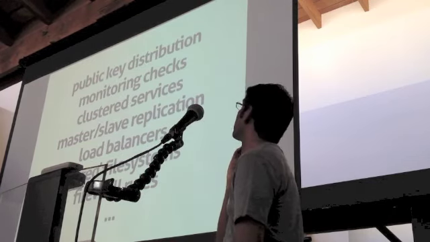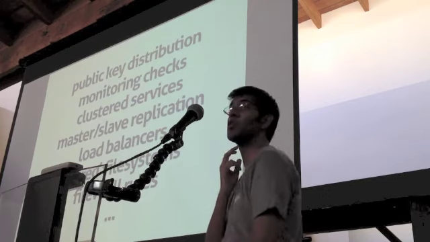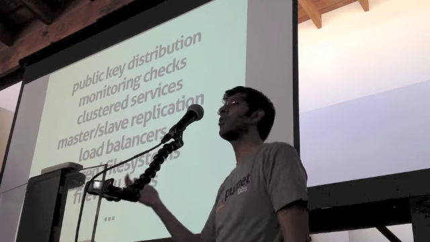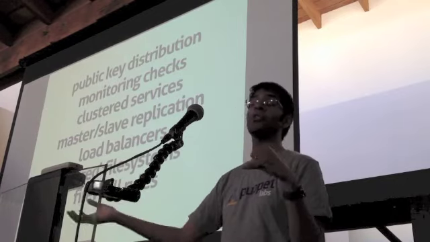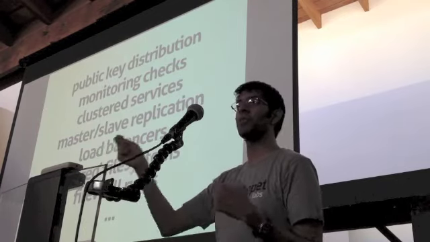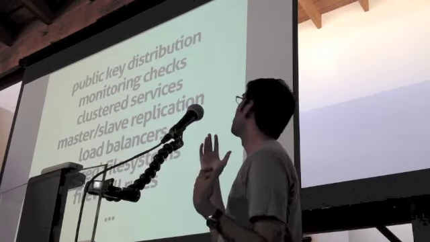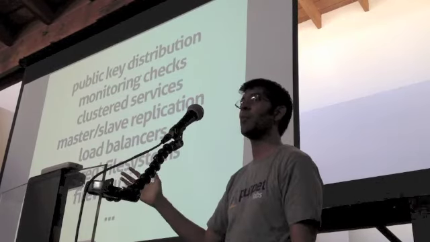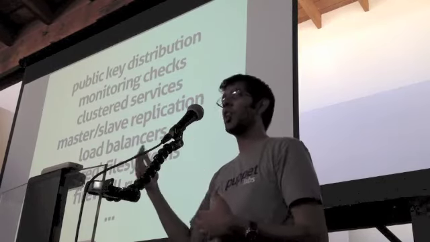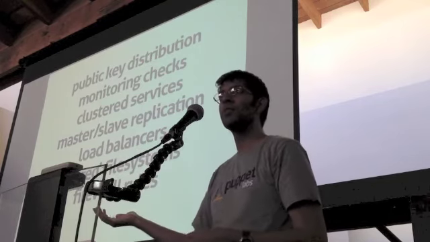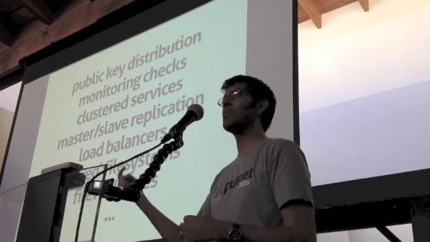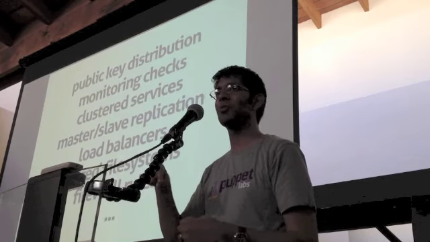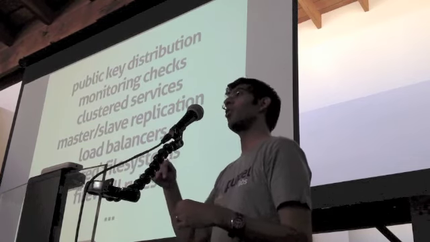Like we talked about before, things like distribution of public keys. Individual hosts may have public keys that they generate, but you want to distribute that to every other host, or a central set of hosts that you want people to log in from, or something like that. Monitoring checks, that's one that we've been hammering on. Like if I write code to set up a web server, for example, it's a waste of time to have to manually log into a Nagios server or something like that in order to say, oh, I have a new web server.